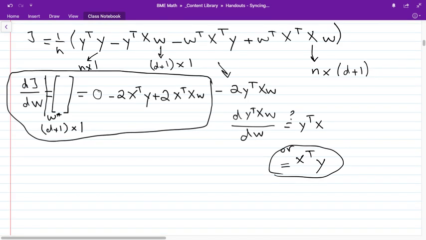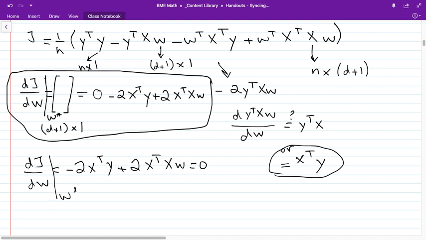So what we have now is dJ/dw equals minus 2 x transpose y plus 2 x transpose x w. This is equal to 0 when it is evaluated at w star. When w star, the optimum w, is found, we have minimized the cost.